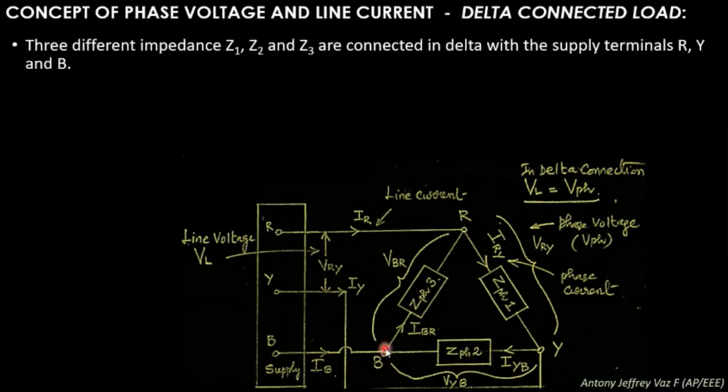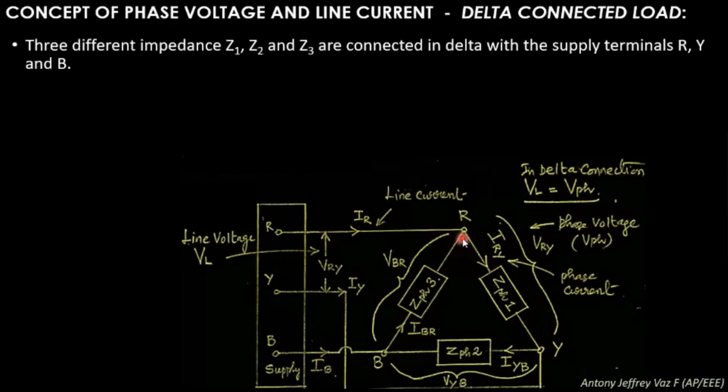How it is delta is, you know that the Z phases have heavy resistances present in them. So these three resistances are connected end to end to form a closed path. If these resistances are connected end to end, you will get a closed path like a triangle.